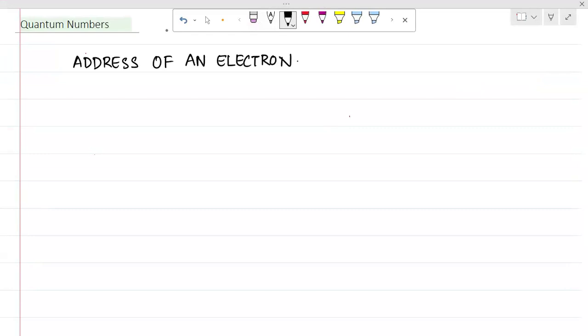Let's say I have to share my address with someone. What will I do? I'll first share my apartment number, house number, apartment name, followed by the street, then the locality, then the district, followed by the state, like that. And that's how we get an exact idea of the location where I live.